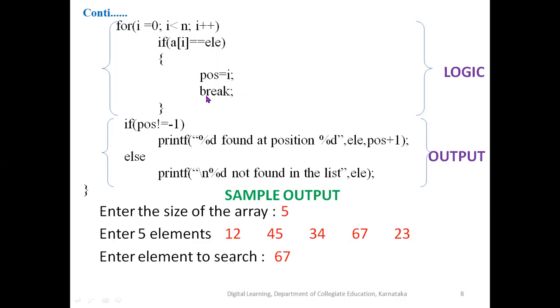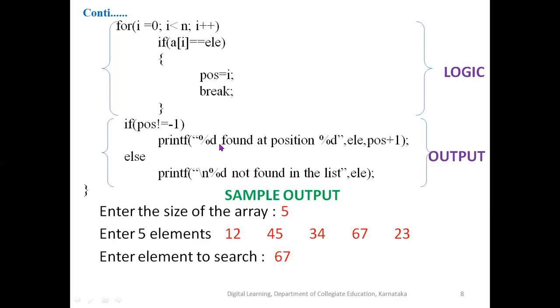Once the control comes out of the loop, we have an if statement: if pos is not equal to -1. We should remember that initially we had initialized the value of pos as -1. Since pos has changed to 3, it is not equal to -1, so the true statement is printf %d found at position %d.